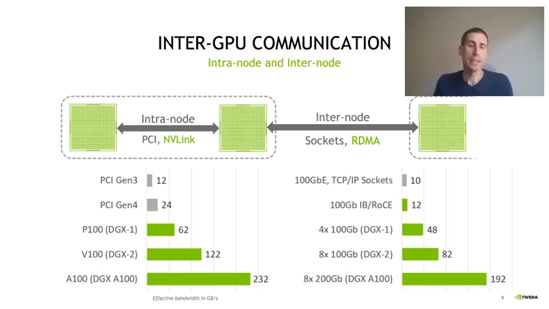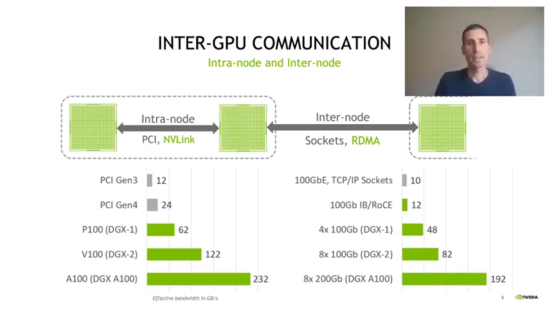RDMA is great because it lets you reach the peak performance of the NIC, say 12 gigabytes per second for a 100 gig NIC, with very little CPU usage. So it's very easy to get to that peak performance. TCP/IP is very quickly limited by the CPU. Creating and forming packets in the kernel is a big limiter here. So you really want to have RDMA if you want to scale to 1, 2, or more NICs.